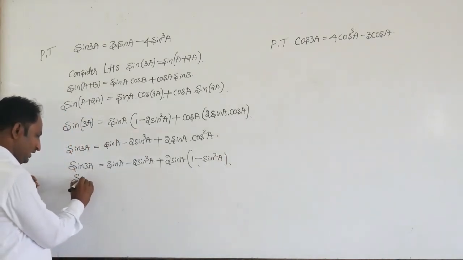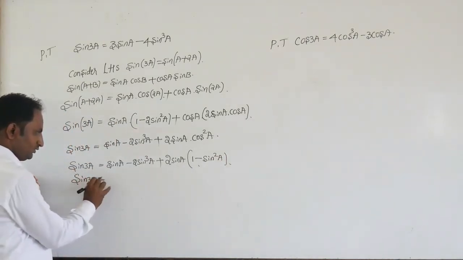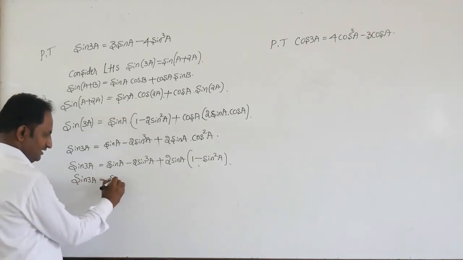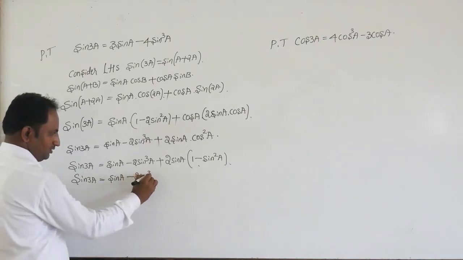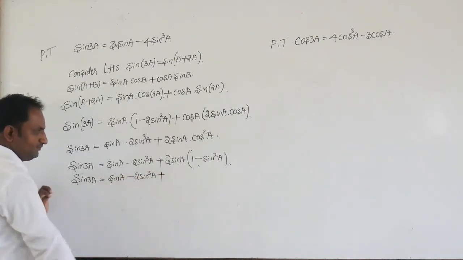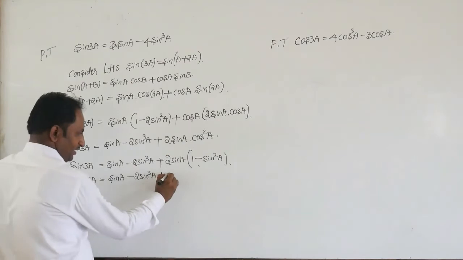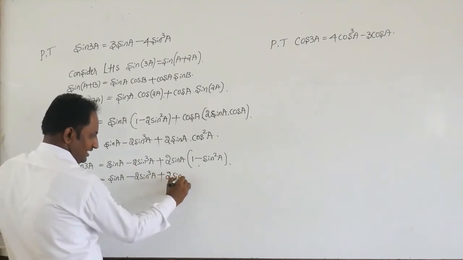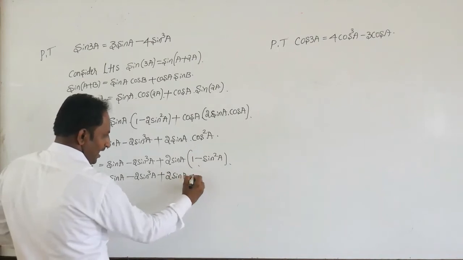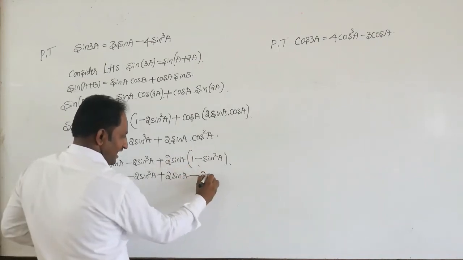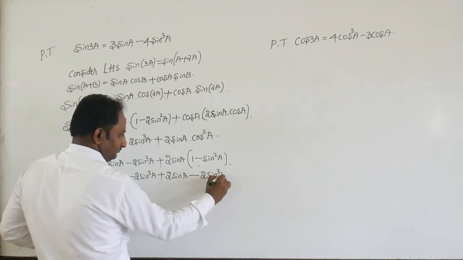Sin of 3a is equal to sin a minus 2 sin cube a plus 2 sin a multiplying 1 minus sin square a. 2 sin a into 1 value is 2 sin a, minus 2 sin cube a.